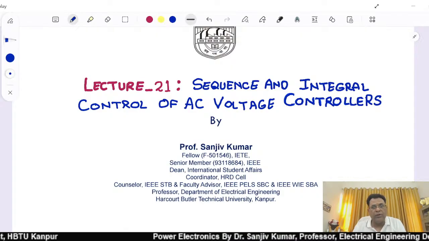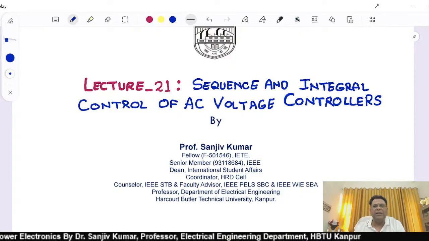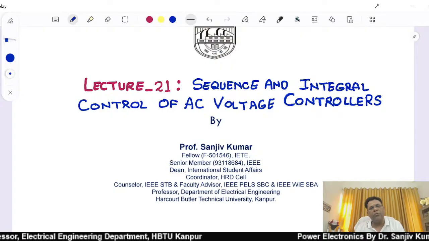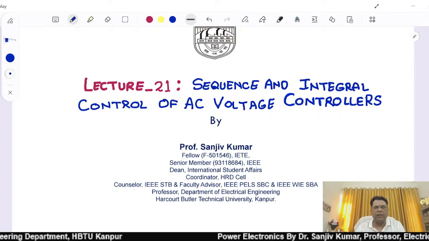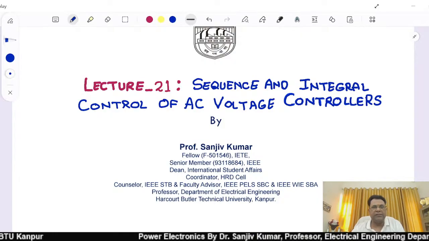So to improve all these, we use sequence control. Now exactly what is the meaning of sequence control? Sequence control means where we use two or more than two voltage controllers simultaneously, then we will call it sequence control.